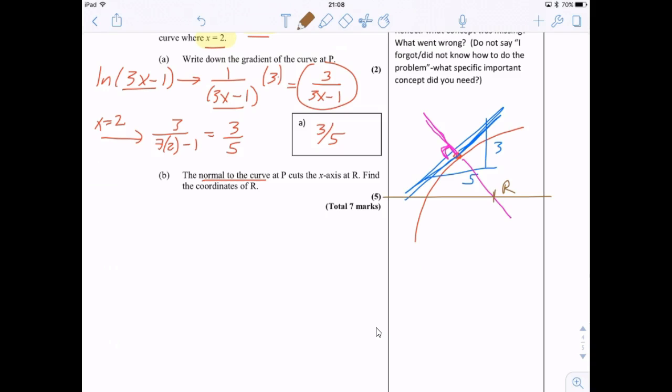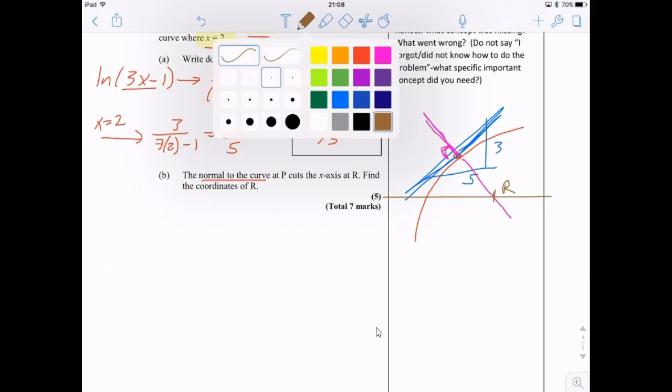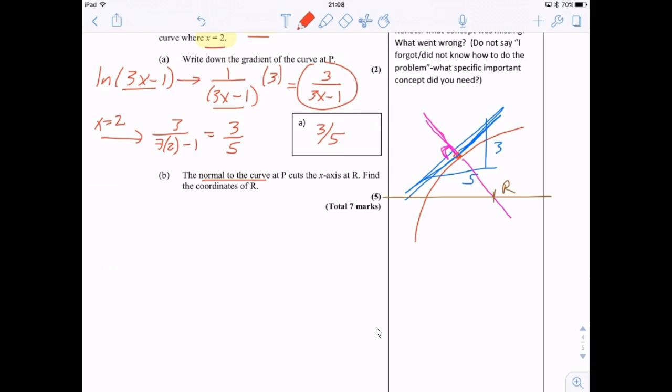Well, the first step to finding where the normal line crosses the x-axis is to find the equation of the normal line. And if you remember from your problem sets, in order to find tangent lines and normal lines, it is very handy to use this equation, which is not in your formula booklet. You need to memorize it. It's called point-slope form.